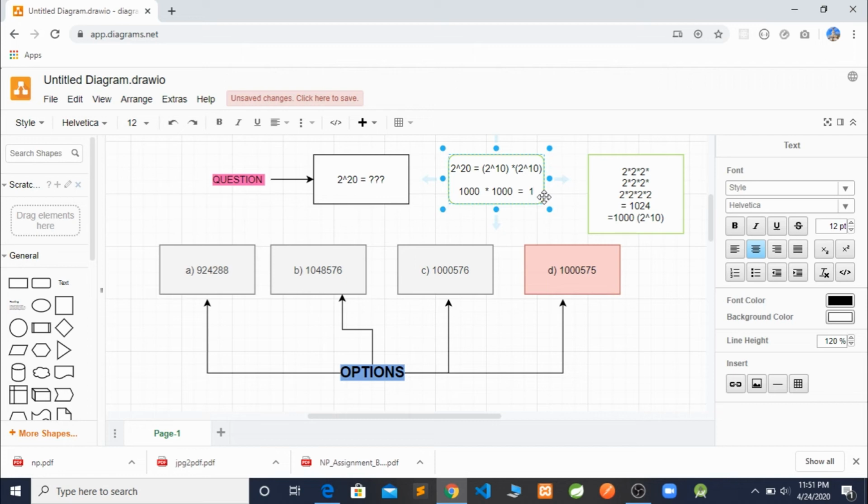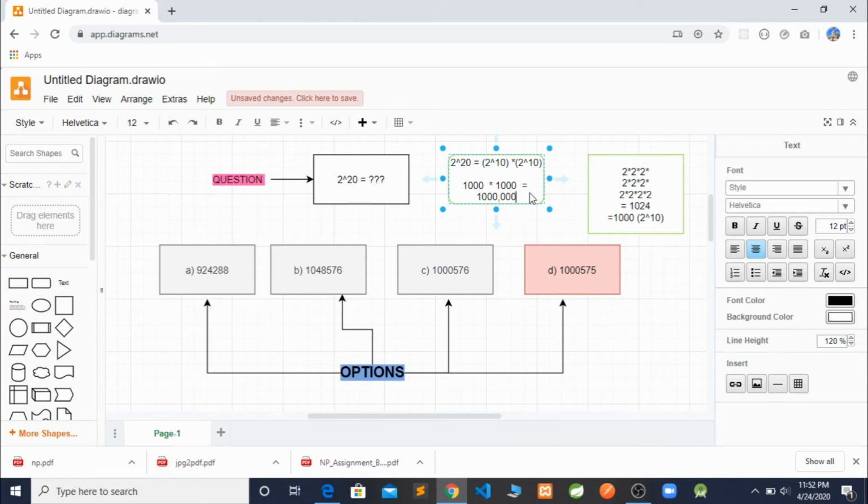If we multiply 1000 by 1000, we write the first 1000 and then add the 3 zeros from the second 1000. So this is what 1000 times 1000 comes out to be: 10 lakh, or 1 million.